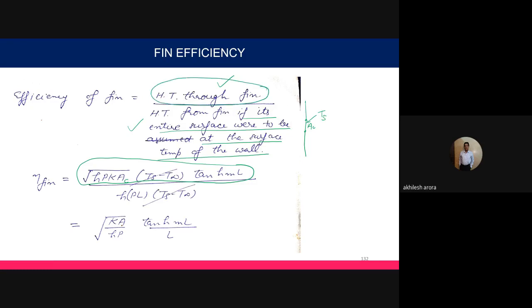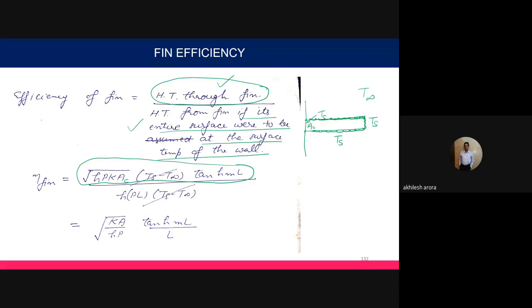And now what are we considering? We are considering a case where each and every point of the fin is at the base temperature, that is, the temperature at every point of the fin is equal to Ts. In that particular case, what is the value of the heat transfer? It will tell us about the efficiency of the fin.